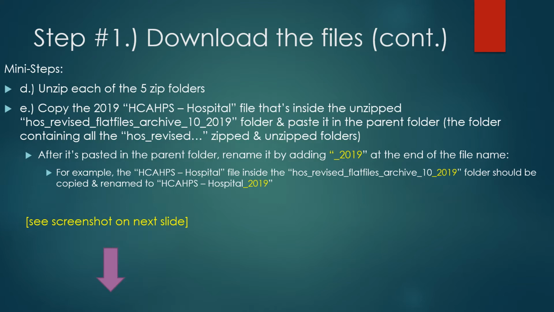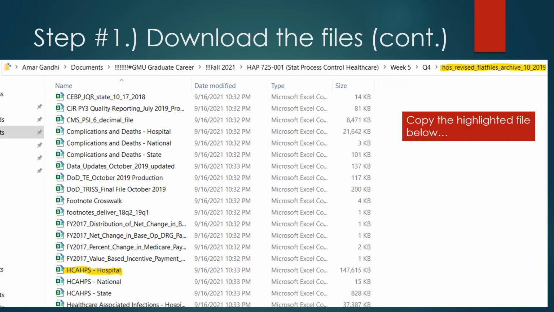After it's pasted in the parent folder, you have to rename it by adding an underscore and then the year. In this case, it would be 2019 at the end of the file name. So for example, the HCAPS hospital file inside the HOS revised flat files archive 10 2019 folder should be copied and put into the parent folder and then renamed to HCAPS hospital underscore 2019 so we can differentiate which one was from which year.